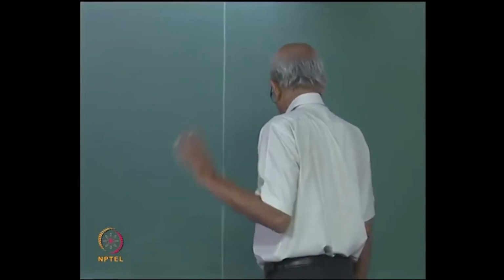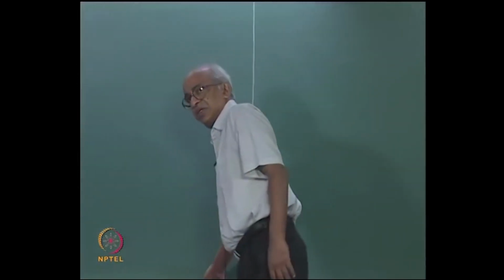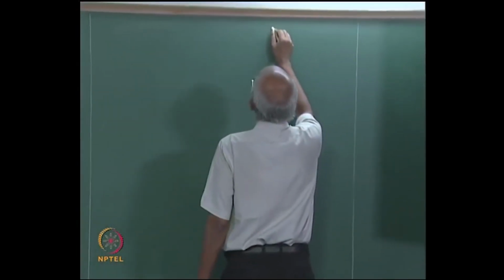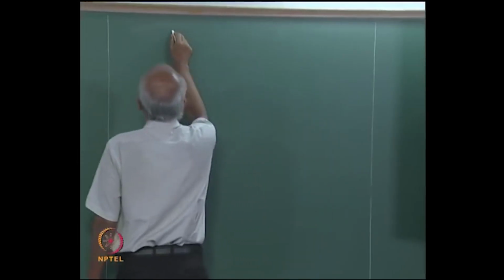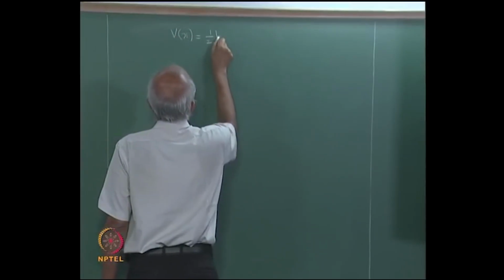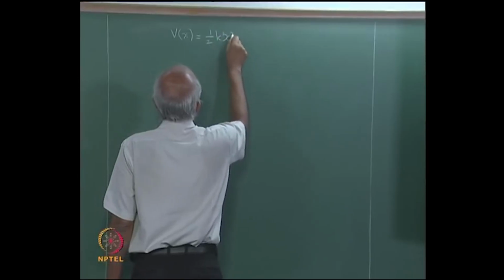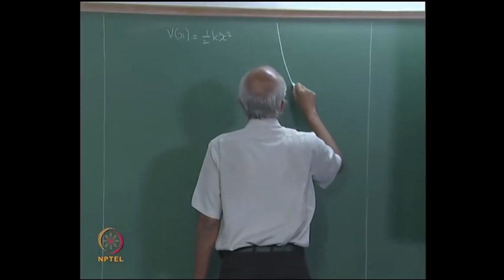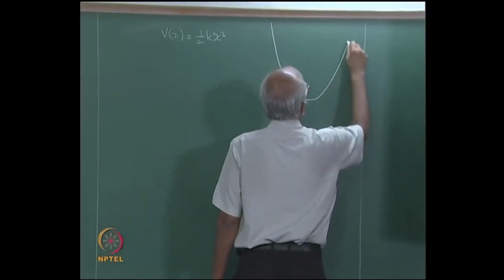So, we were talking about the harmonic oscillator. Let me just remind you of the things that we did. For the harmonic oscillator, potential energy is given by half kx square. The shape of the potential energy curve would be something like that.